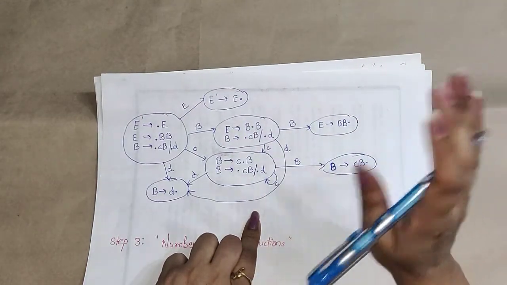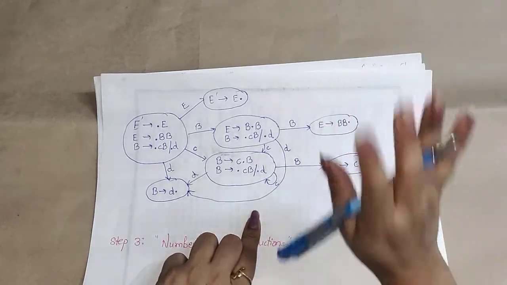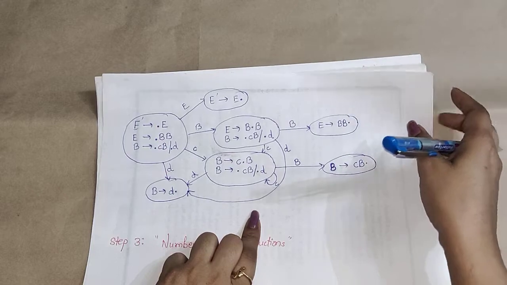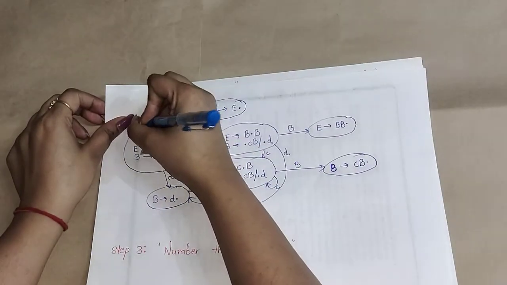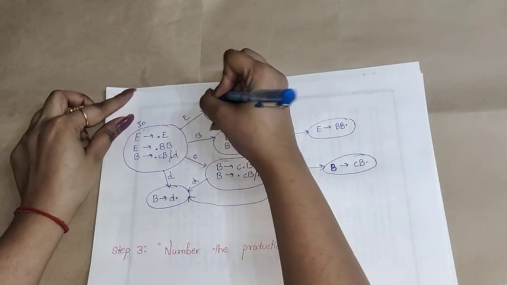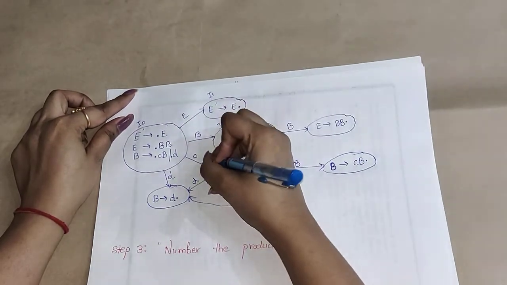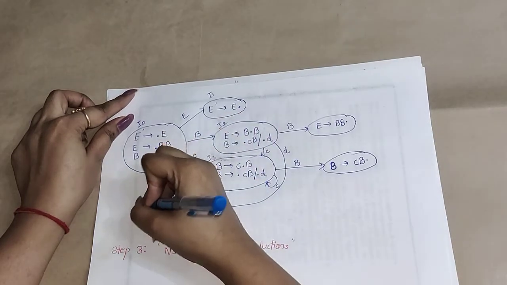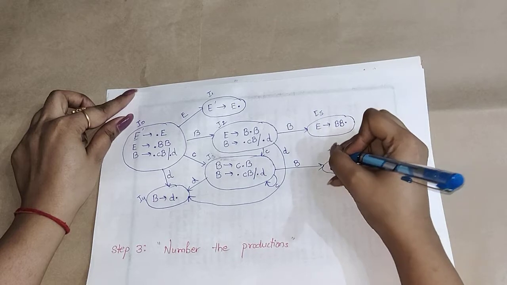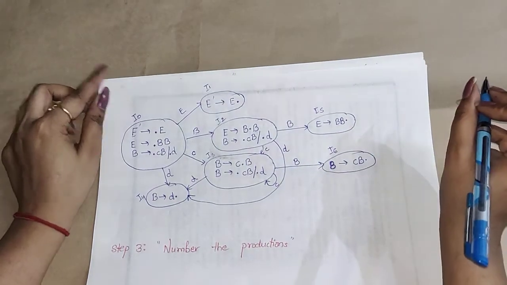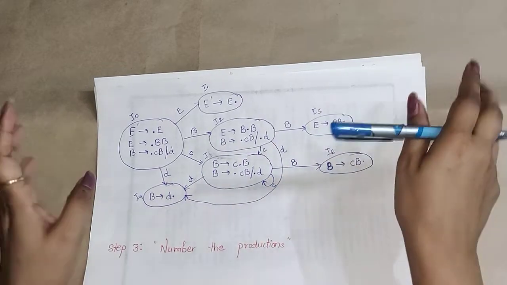So all the LR0 items are collected in this diagram. So this is complete. Now what we will do, we'll give a name to all these states. Suppose this is I0, this is I1, I2, I3, I4, I5 and this is I6. Clear? Done?